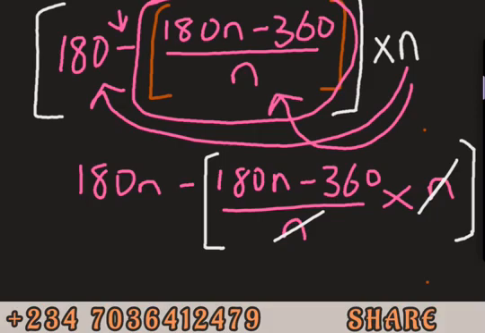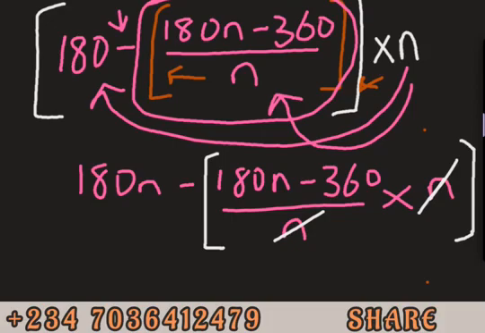Though we are removing the big bracket, this small bracket should still be there. It's still conserving what we have in the bracket, waiting for us to first of all resolve it completely before we now subtract it from 180n, which is waiting outside there. Hope that's clear.